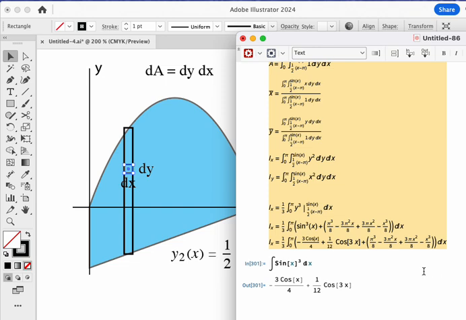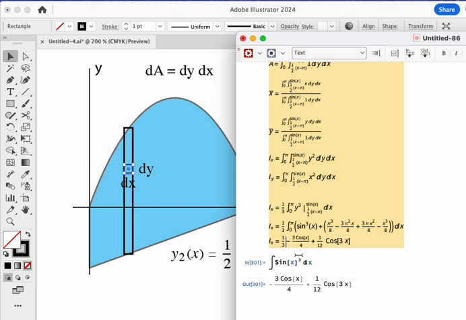Oh, by the way, what I'm really doing here is getting rid of all of this stuff. So I'm integrating sine cubed, I get this, right? Plus, now I'm going to start integrating this. So this is x cubed over 8. Oh no, that's pi cubed over 8. So the integral of that is going to be pi cubed over 8 times x, because we're just integrating that constant with respect to x.